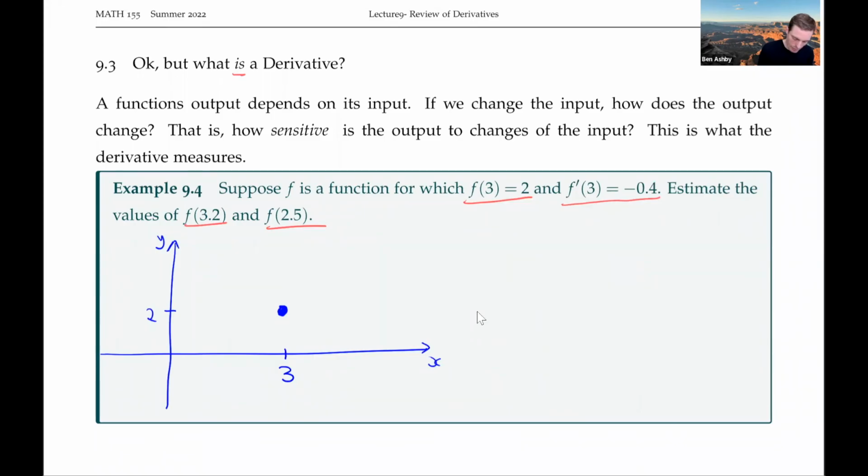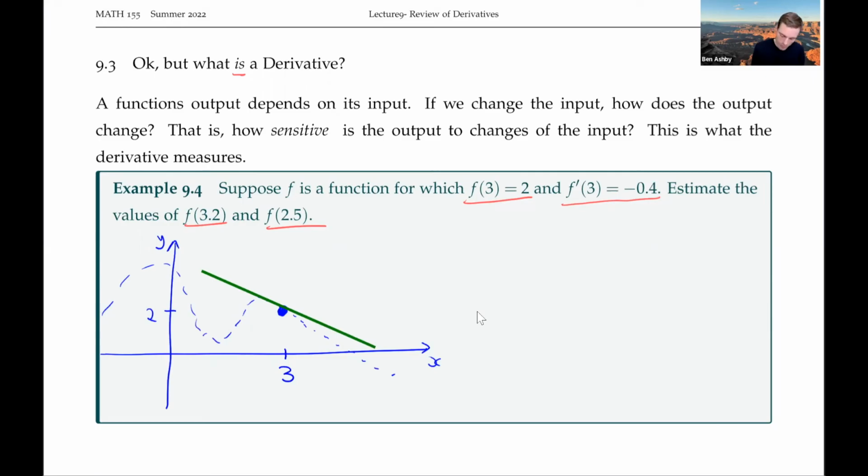For all we know, it could do some crazy thing like this and carry on doing whatever. All we know is that at x equal to 3, our tangent slope is minus 0.4. So our tangent at that point looks something like this.